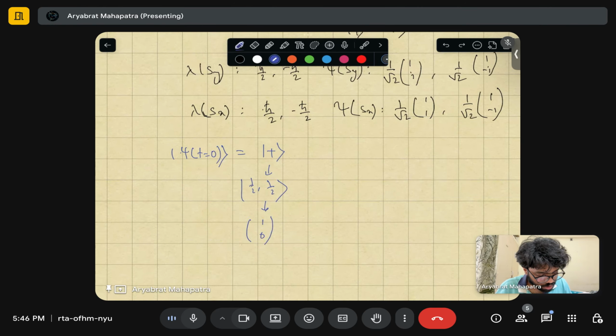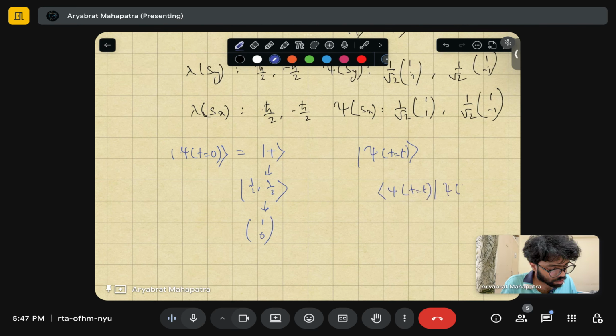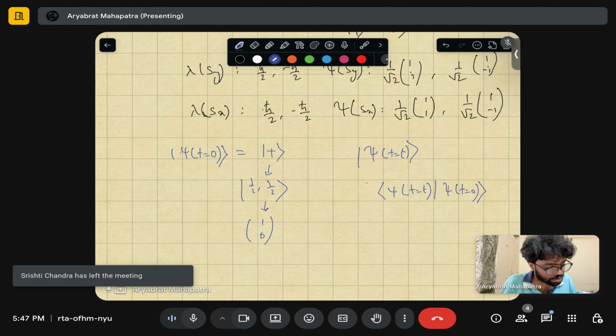Then at t equal to t, we will have some other state, and to calculate the probability, we basically have to take the inner product of psi at t equal to t and psi at t equal to 0, and you take the mod square, that will give you the probability.